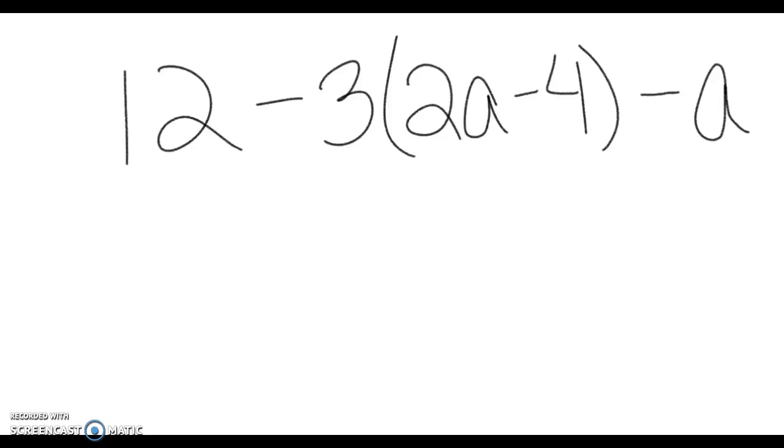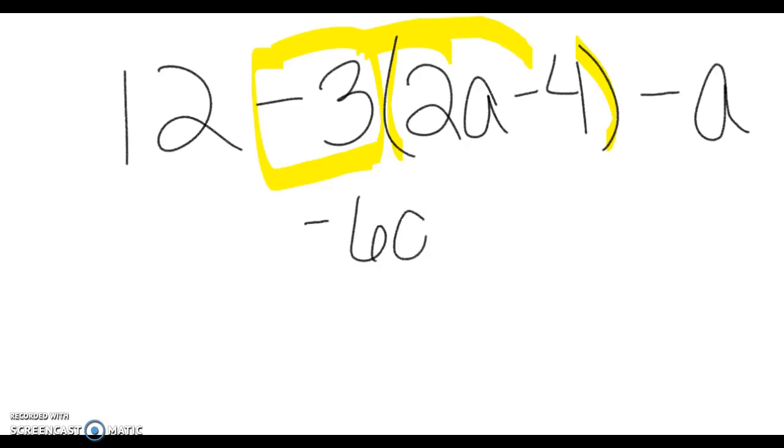The parentheses is being multiplied with -3, not just 3, -3. So I'm going to ignore the 12 and I'm going to ignore the minus a at the end. And all I'm going to concentrate on is multiplying -3 times 2a and then -3 times -4. So -3 times 2a is -6a. And -3 times -4 is +12. Now that reads as -6a plus 12.